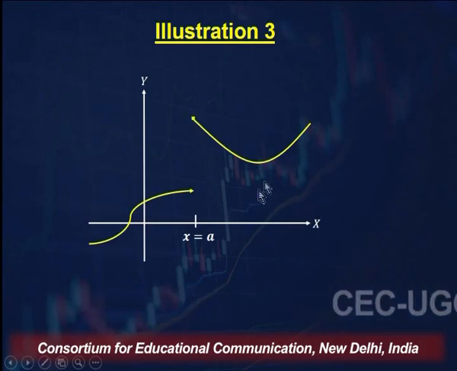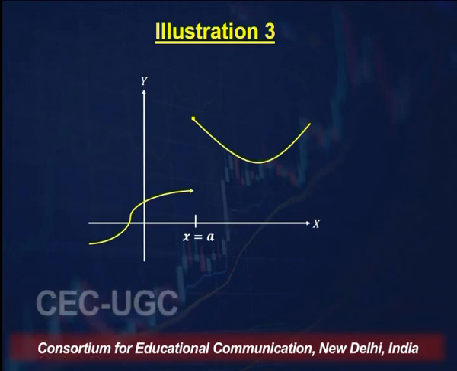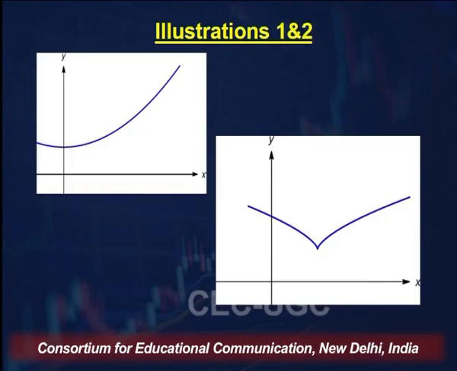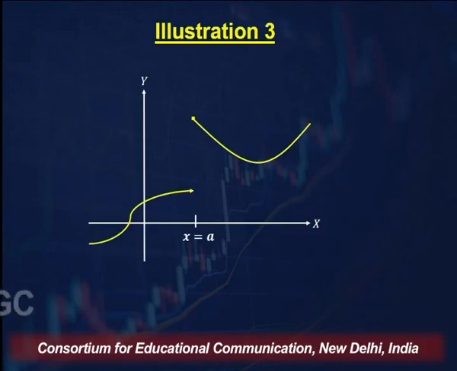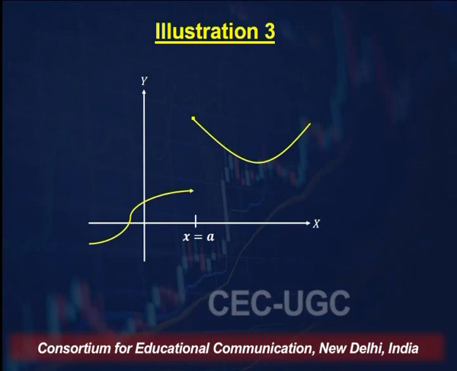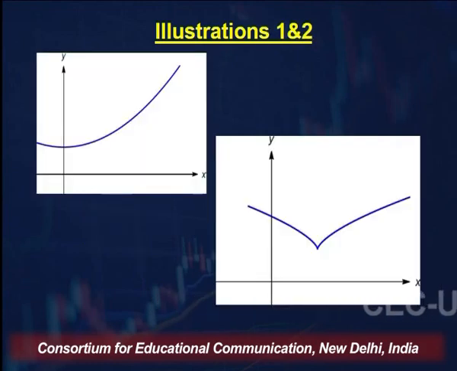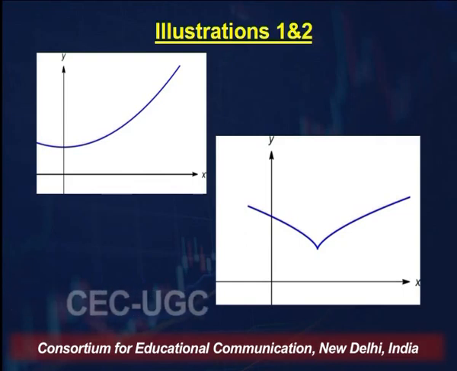Now, if you've drawn all these three graphs, try and understand what is the difference between the first two graphs that you drew and the graph that is marked as illustration 3 here. The difference is that the first two graphs, let's go back to that slide, you can just draw them without lifting your pen or pencil off the paper.